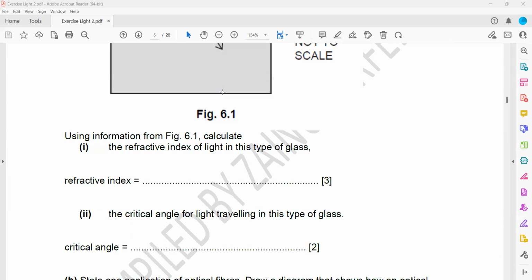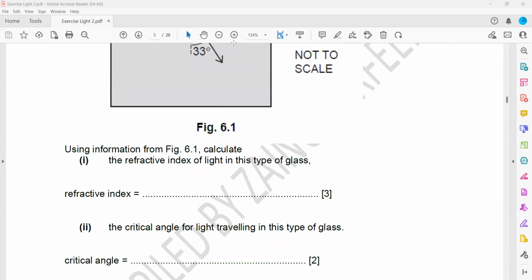How to work out the critical angle: the formula which relates the refractive index and the critical angle is n equals 1 over sine c. Remember, that is the formula which relates the critical angle with the refractive index. So n is 1 over sine c, or the other way around, sine c is 1 over n.